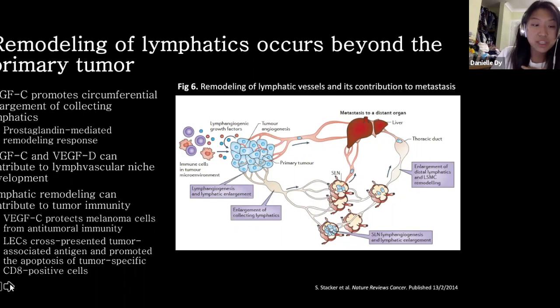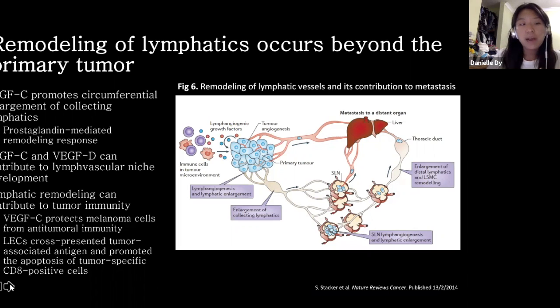The first of which is how VEGF-C, as we discussed in the previous set of examples, signaling axis can allow this proliferation of LECs, which causes lymphangiogenesis. So it's more vessels.